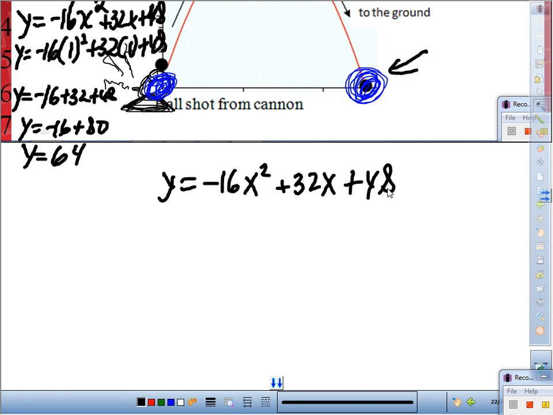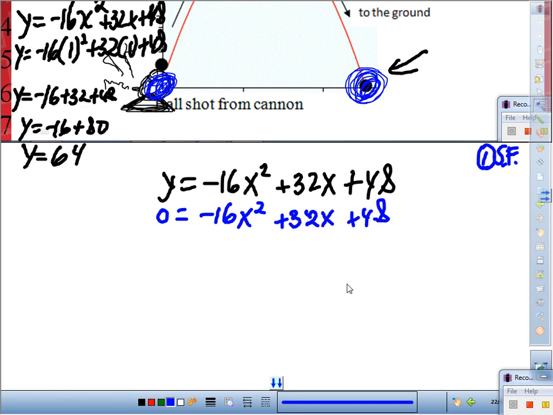Okay, hold on. What do we do from there to solve this time? We can do completing the square, but before that, what is the first step in solving any quadratic equation, everyone? Standard form, and change y equal to 0. 0 equals negative 16x squared plus 32x plus 48.